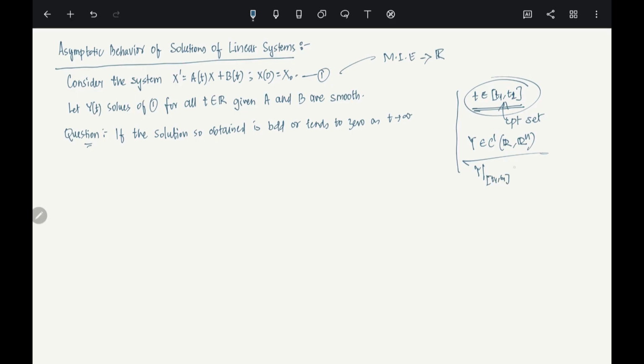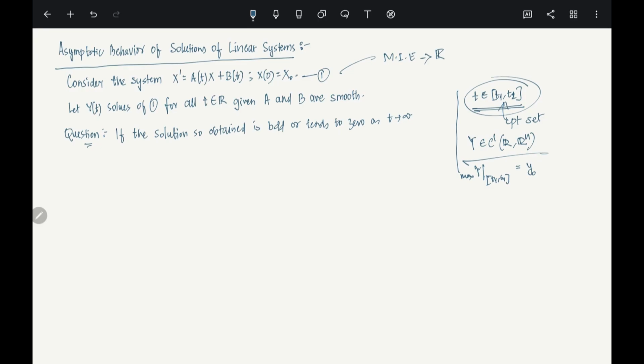That gives you that there is a maximum of y, and there is a minimum. So we know that y is bounded on this set. But if you are looking at the whole interval, then we cannot say whether it is bounded or not. And that's the question we need to answer in this video.